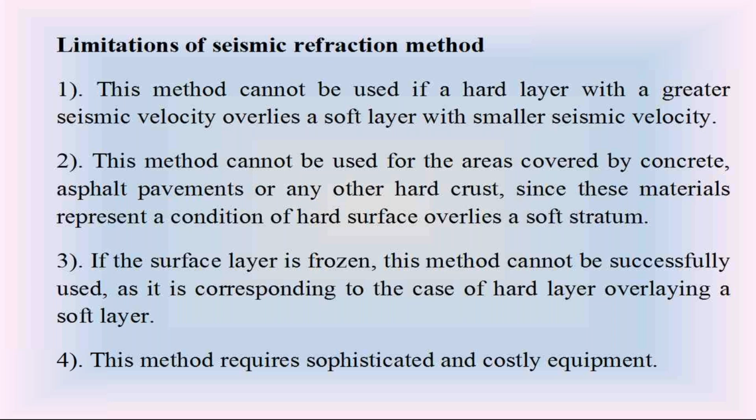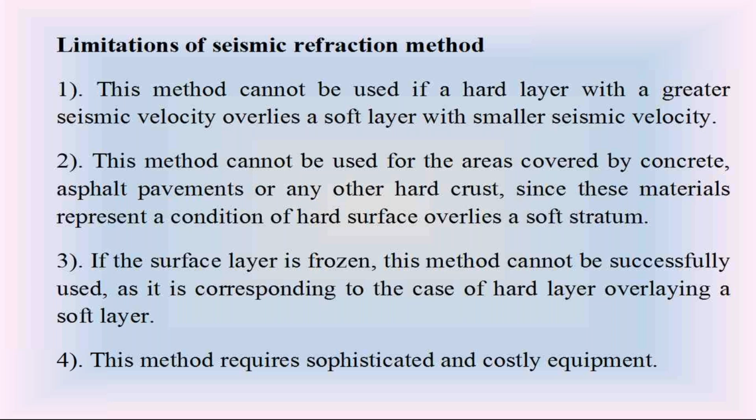Already I explained, in the seismic refraction method we have shown the density gradually increasing in the vertical direction. Soft layer followed by hard layer followed by still harder layer, like that. But sometimes at certain locations there may be a hard soil layer, and below that hard soil layer we have the soft soil layer.